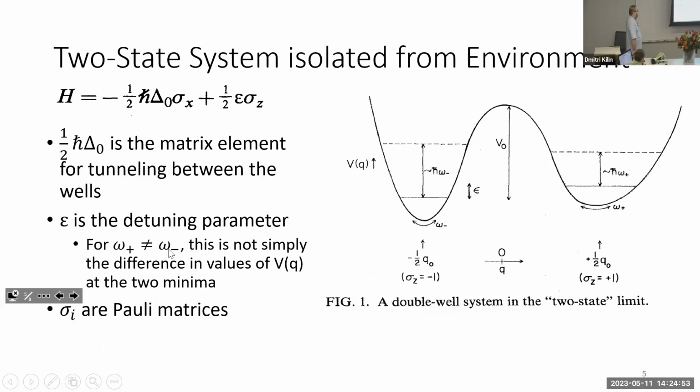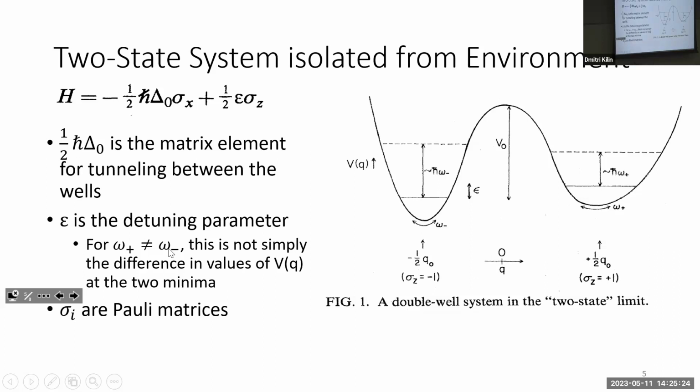And what we see is that if it's isolated from the environment, we get this Hamiltonian here, where this portion of the Hamiltonian is describing the tunneling between the two wells. And this is talking about how they interact within the well.